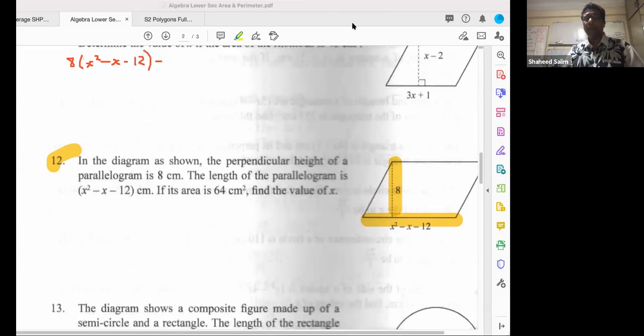That's what they are saying; the equation tells you that. So 8 times x squared is 8x squared. 8 times x is 8x. 8 times 12 is 96. Equals 64.